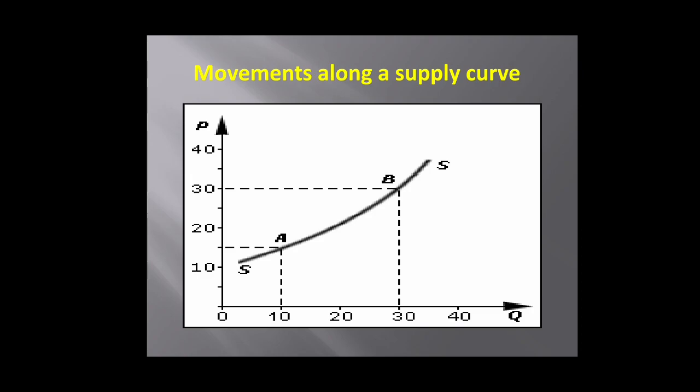Thus, movement from a higher point to a lower point on the same supply curve indicates contraction of supply, or we can say that downward movement along the same supply curve represents contraction of supply.